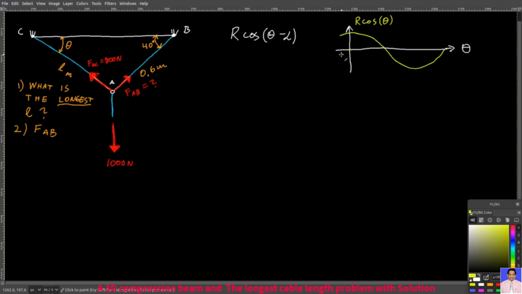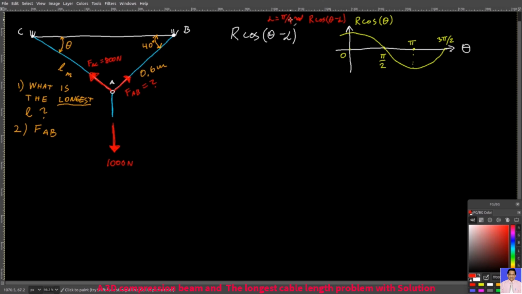Here theta is 0 degrees, here it's 90 degrees or pi over 2 radians. Here you have pi radians, 3 pi over 2 radians. And now, if I draw another function here, r cosine theta minus alpha, and let's say that alpha equals 45 degrees or pi over 4 radians, then this alpha and this minus sign essentially shifts the function to the right.